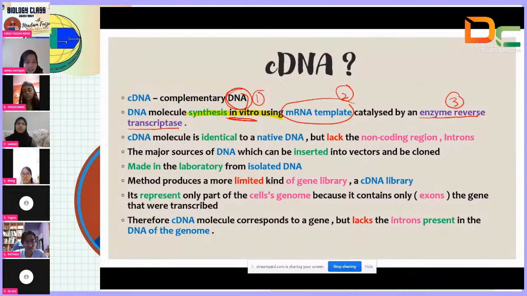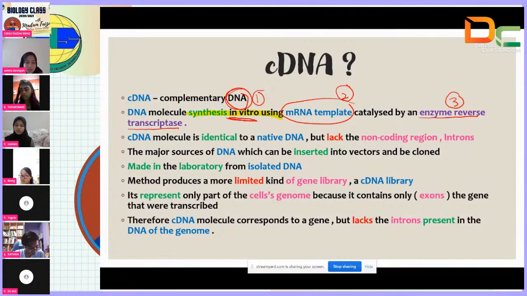cDNA molecule is identical to a native DNA but lacks the non-coding region, which is introns. It means cDNA lacks introns. It is the major source of DNA which is inserted into a vector and cloned. cDNA is made in the laboratory from isolated mRNA. The cDNA method produces a limited kind of gene library, which is a cDNA library.